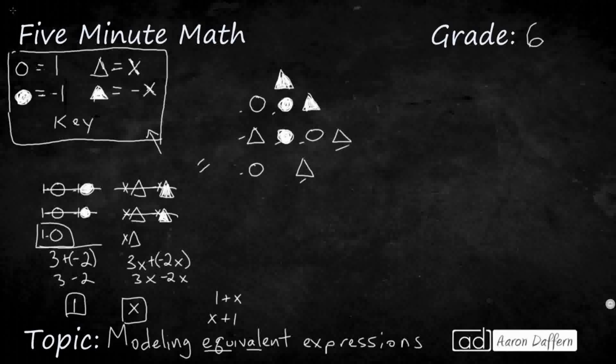Now, how can I represent that? Well, I can simply do this. I can represent it with an open or an empty triangle and an open or an empty circle. That is an equivalent expression because that cancels out, those two cancel out, those two cancel out. All I have left are the open triangle and the open circle.